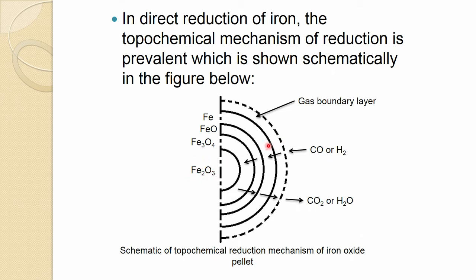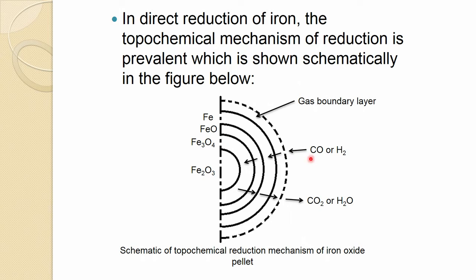Fe2O3, converting it to Fe3O4, then to FeO, then to Fe. After reduction it forms iron, or first it will form magnetite, and then CO2 will come out.